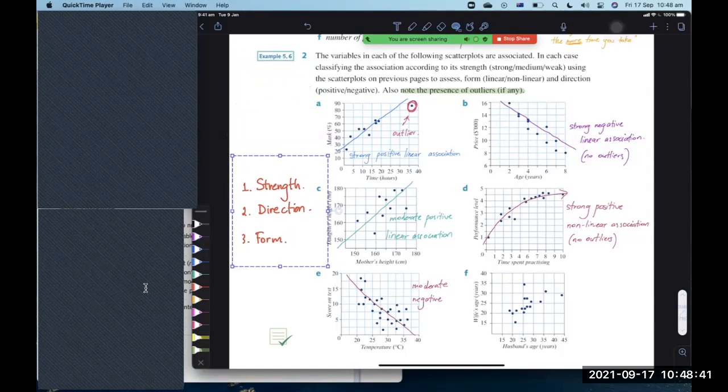So I'm going to put this here. I'm going to highlight in yellow. So when you come across interpreting these ideas here, you can follow that structure.